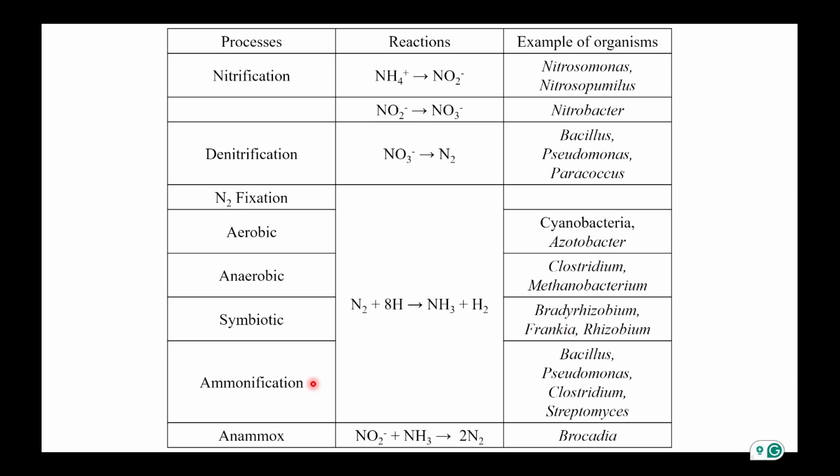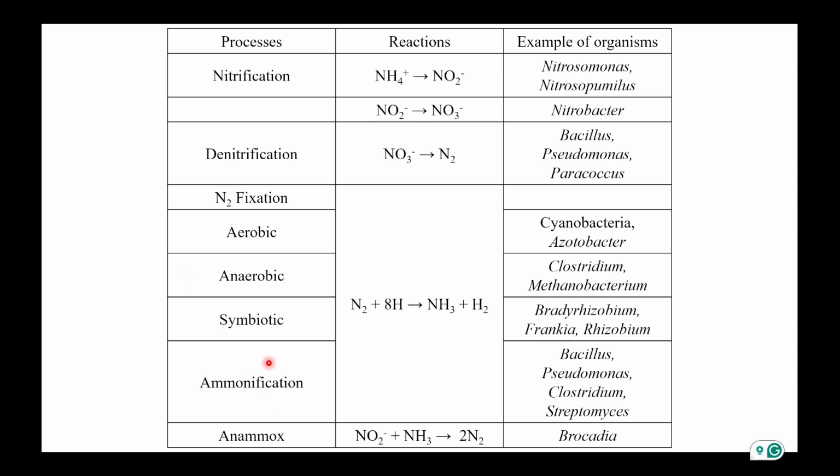Then there is one more process called ammonification. All these nitrogen fixation types, the aerobic, anaerobic, and symbiotic, are fixing the nitrogen present in the atmosphere, in the air, converting it into ammonia that can be used by other bacteria and plants.